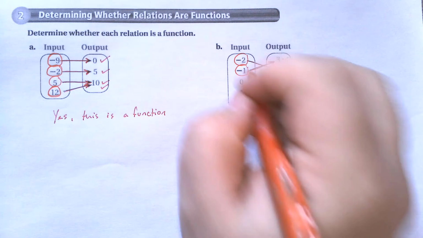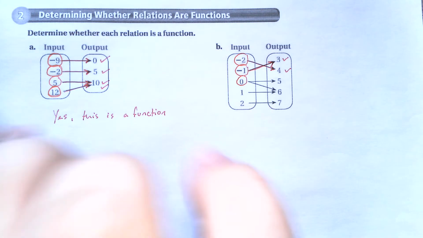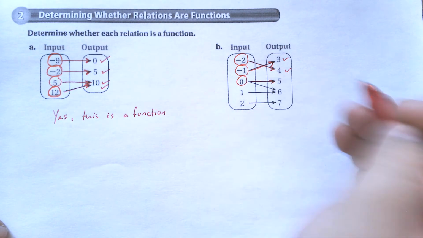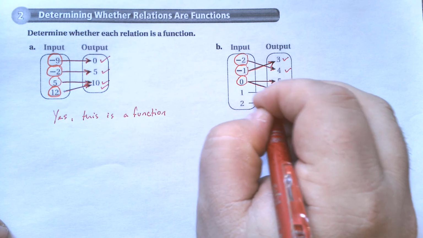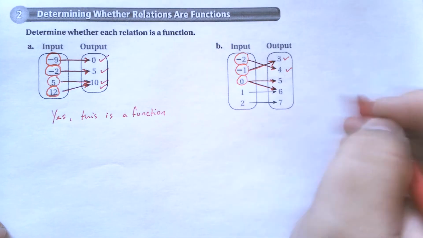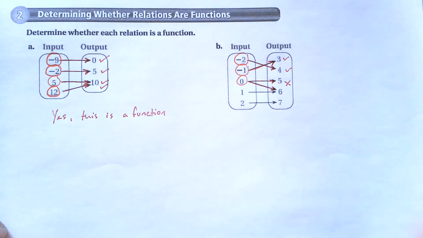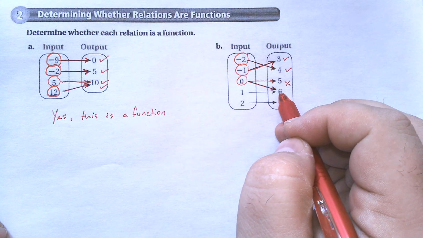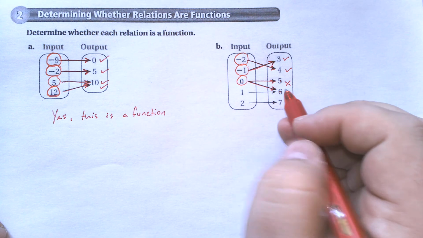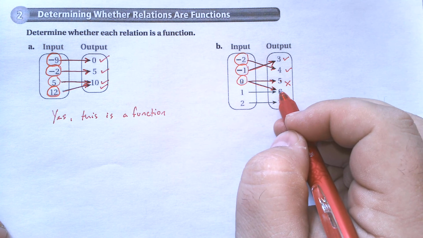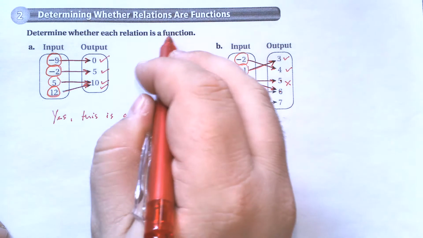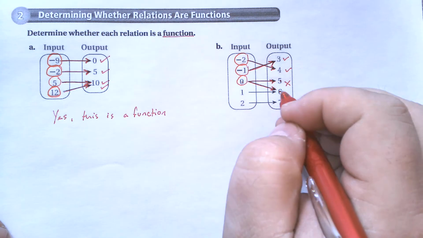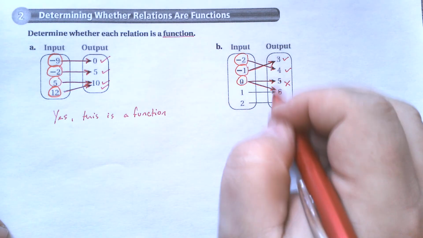All right, so now we're going to get to 0, and we're going to notice that I can go from 0 to 5, and I can go from 0 to 6. We have a problem there. 0 can go to 5 or 6. We don't know what's going to cause it to go to 5, and we don't know what will cause it to go to 6. But a function means it can only go to one, but nothing else. This doesn't happen.